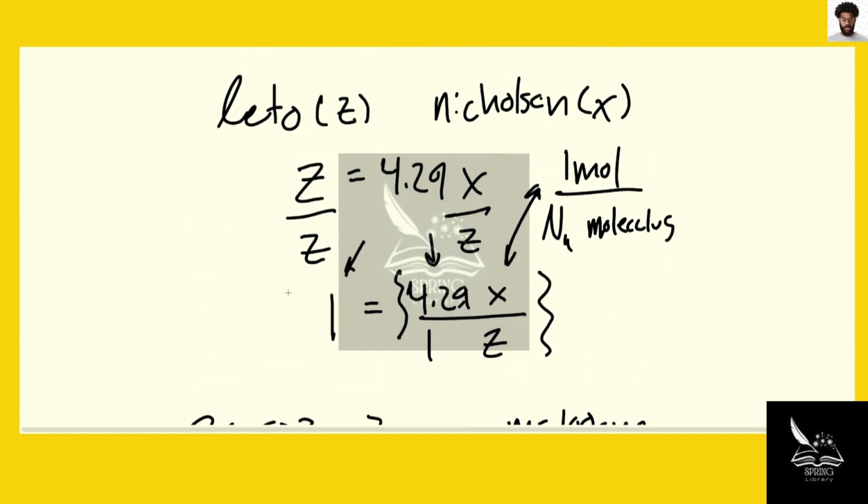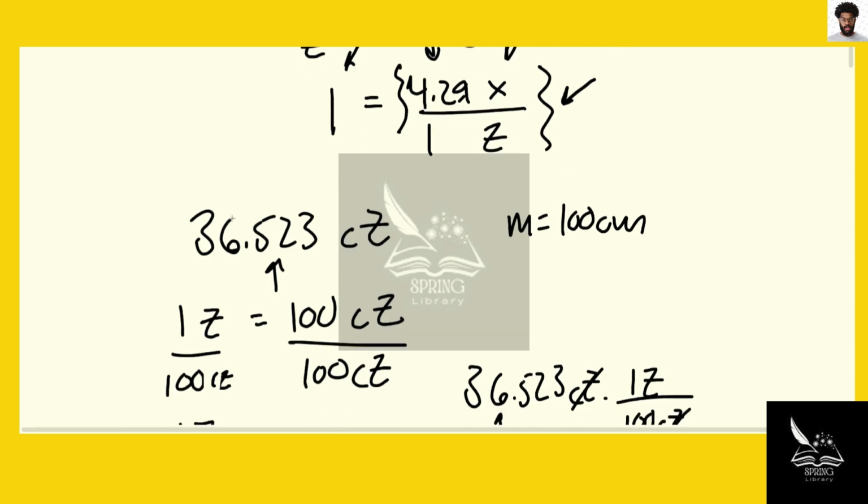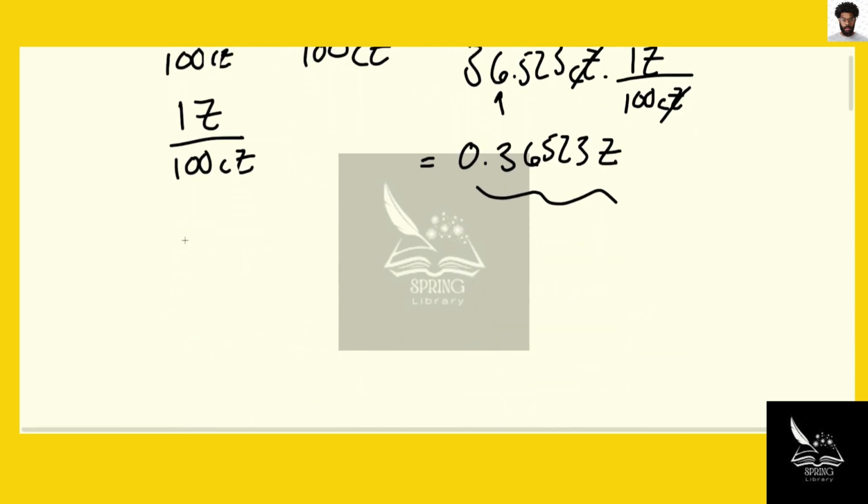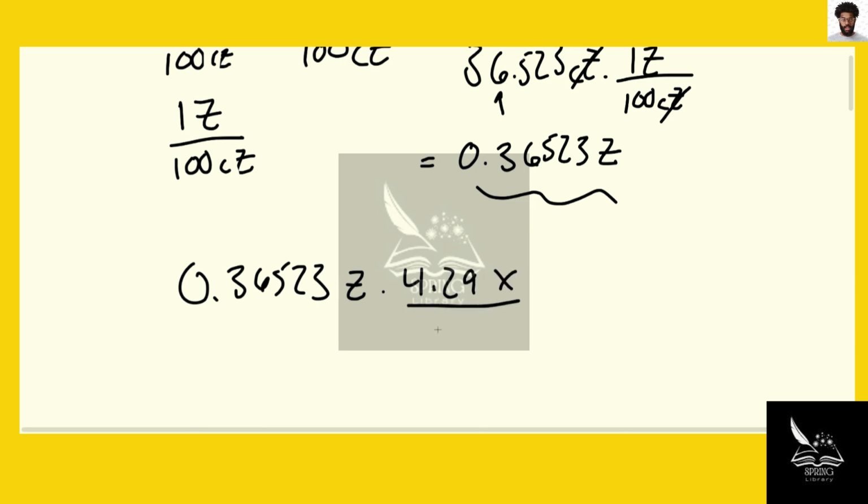That's the conversion factor I came up with up here, right? So there's 4.29 nicholsons per leto. So we're going to take 0.36523 letos and multiply it by 4.29 nicholsons for every 1 leto.